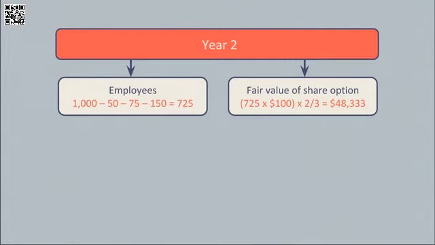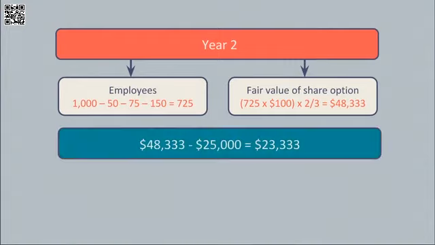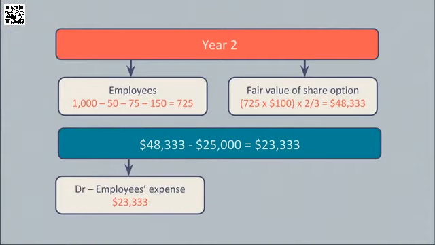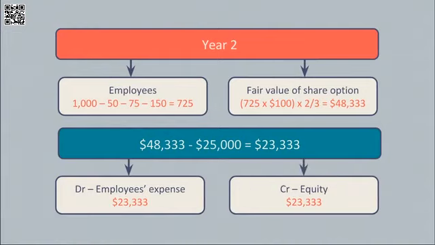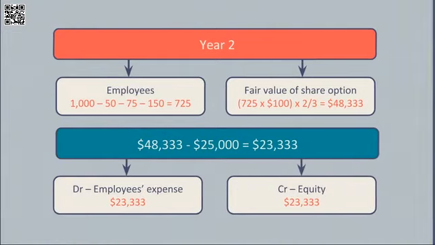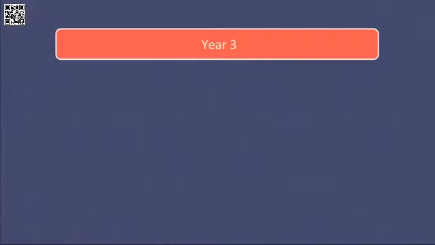This is for the 2 years. In year 1, we recognized $25,000. So this is deducted from 48,333 and the balance of 23,333. Debit employee expenses 23,333. Credit equity 23,333.